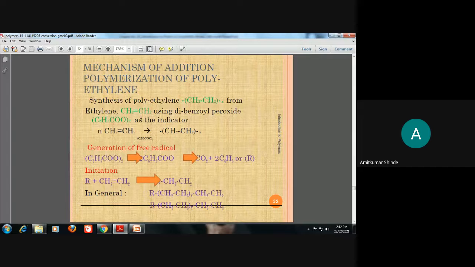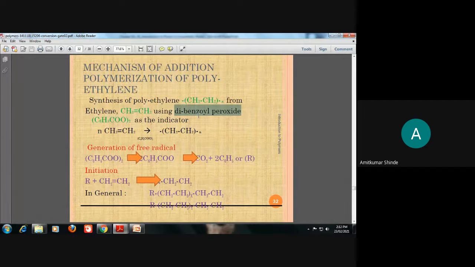Now they have taken the example here, polyethylene. Polyethylene polymer is formed, and here we are using dibenzoyl peroxide. Dibenzoyl peroxide will accelerate the process. How will it accelerate?